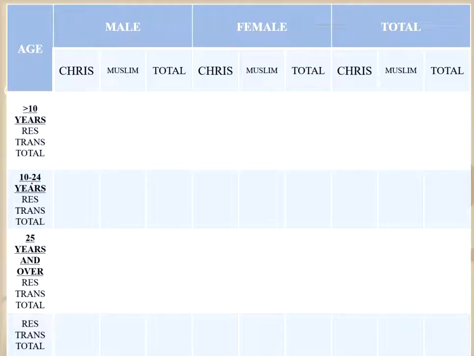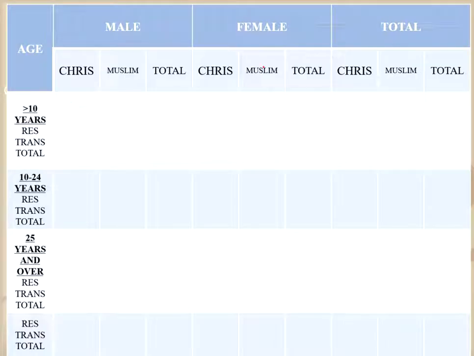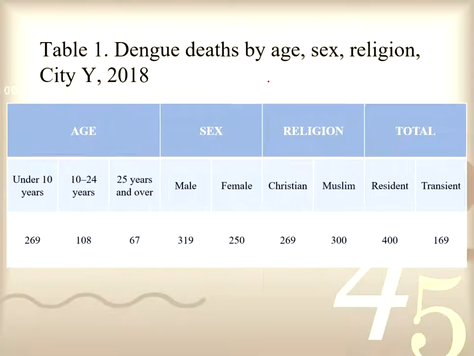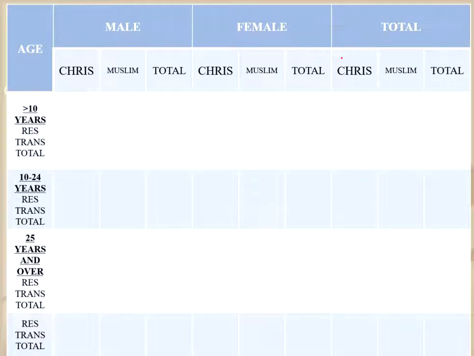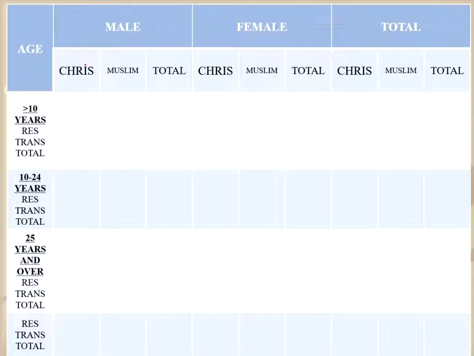Next is sex. So, ito yung ating male and female. Then, Christian and Muslim.